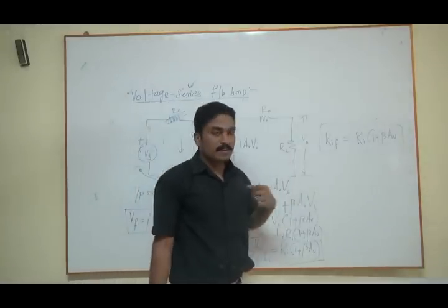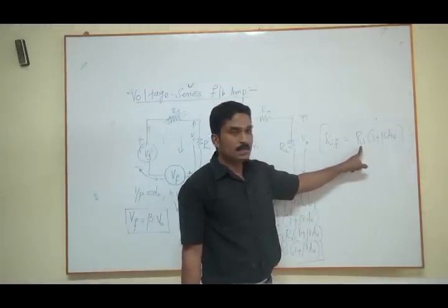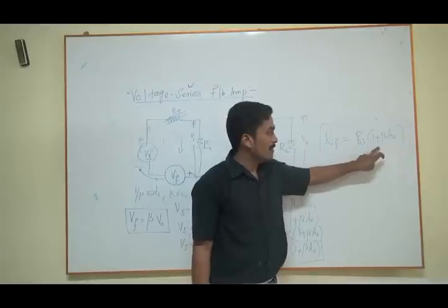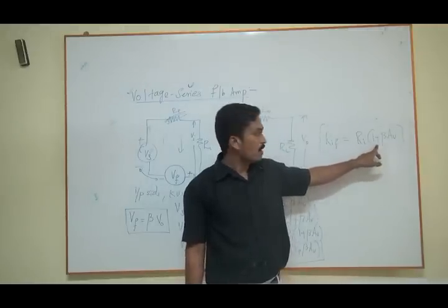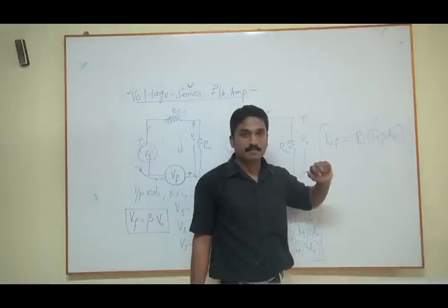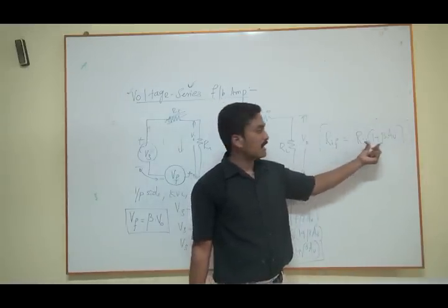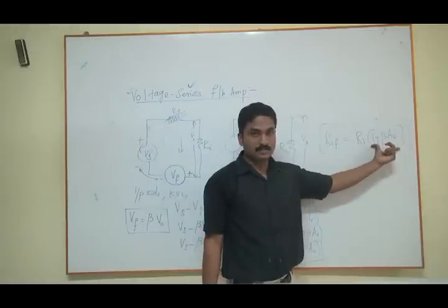And you can see over here, this is your actual resistance Ri, and that term is now multiplied with another term, 1 plus beta AV, right? Which means the actual input resistance is multiplied by this factor.